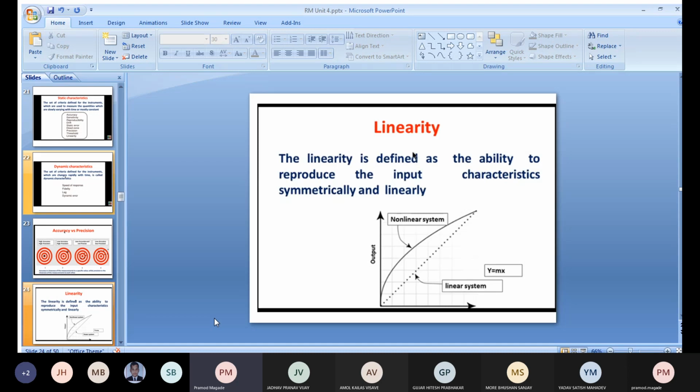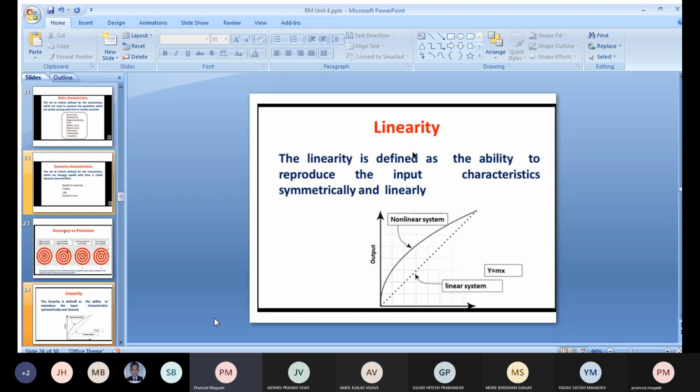I am talking about the stress-strain curve. So linearity means creating the output as per the proper input, and for the same input you get the same output, the same kind of nature of output. That is called linearity, and that's why we have to write the equation for linearity: y = mx. Whatever the output is, it is always related to the input. So it is a linear system.